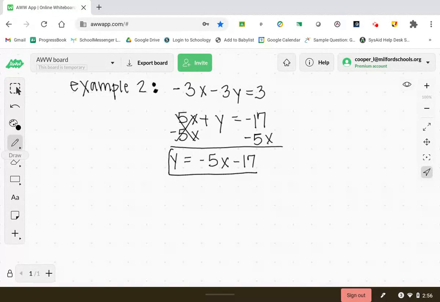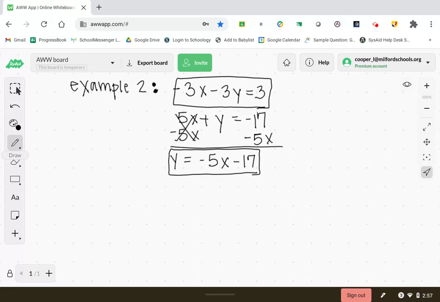And now I have my new equation, y equals negative 5x minus 17. So now I have one variable by itself. The other one doesn't necessarily need to. It could if you wanted, but now I have two equations. This time though, whatever y equals or x equals isn't just a number. It's actually an expression, but that's okay.